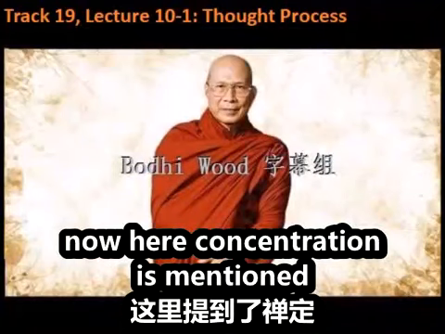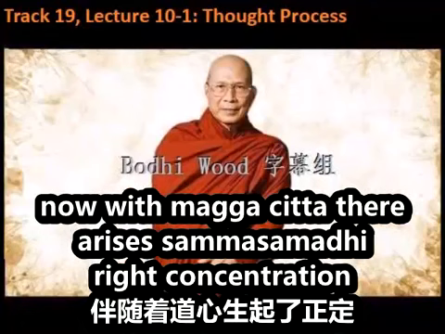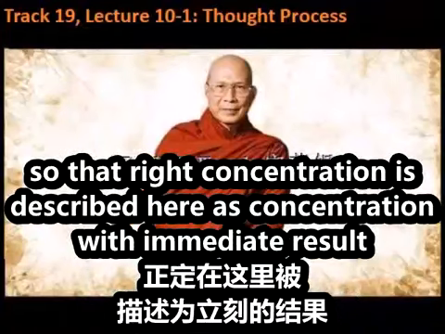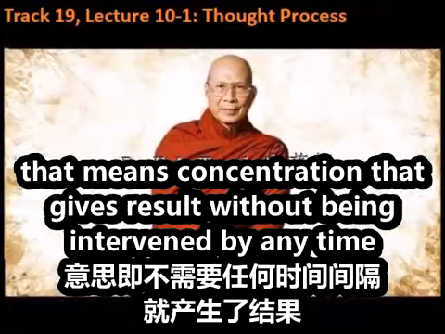Now here concentration is mentioned. Now with Magga Citta there arises Samma Samadhi, right concentration. So that right concentration is described here as concentration with immediate result. That means concentration that gives results without being intervened by any time.